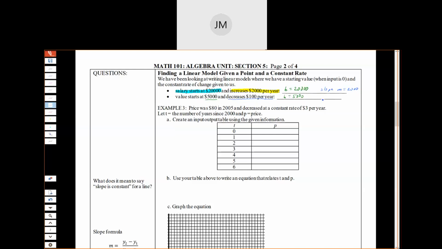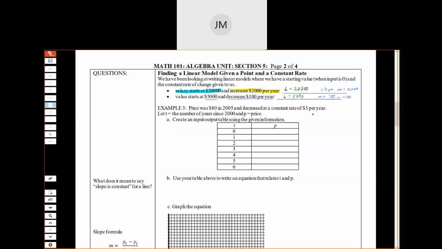So my slope is going to be negative 100 over 1, or we could just write that as negative 100. So we want to be able to pick out from words what our symbols mean, and it's very helpful to write it down as you go, so that you're not going back to the paragraph and mixing up numbers.